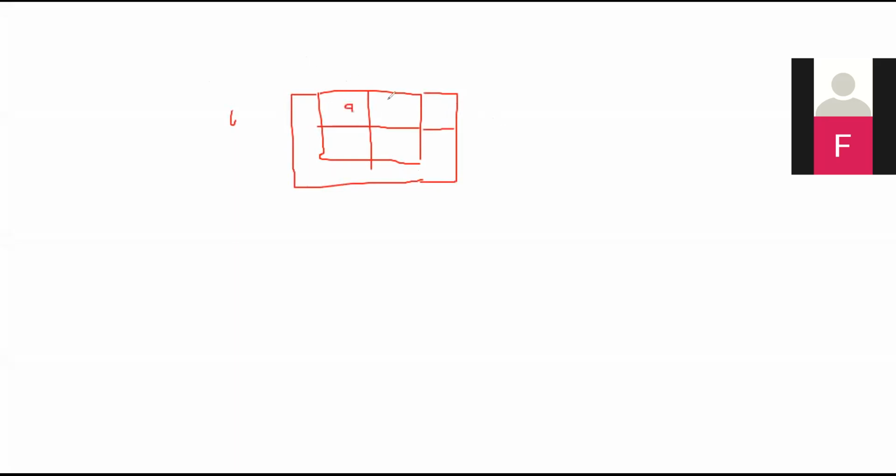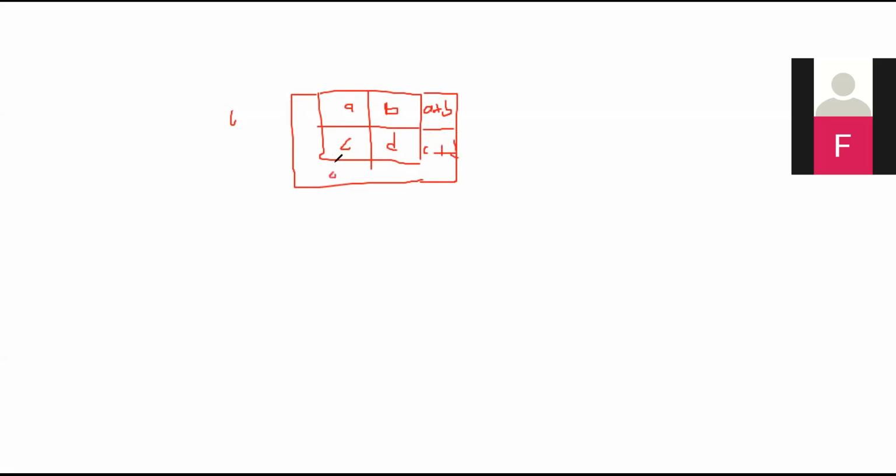Okay. Now, for example, if you have something like this, we say this is A, B, C, D. Of course, this one will be A plus B. This is C plus D. That's the total here.